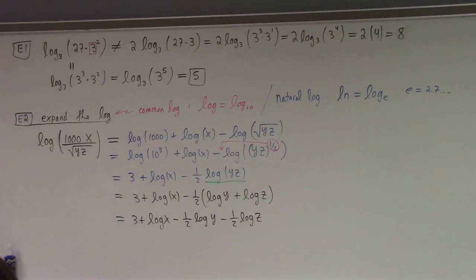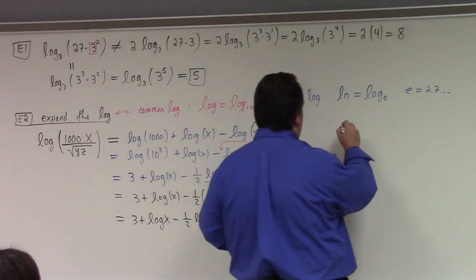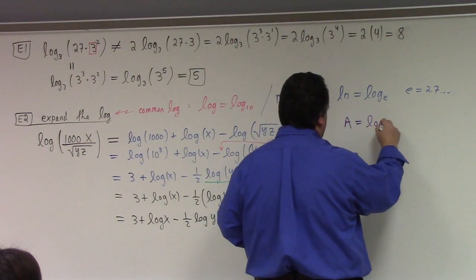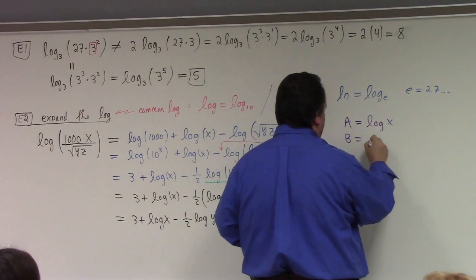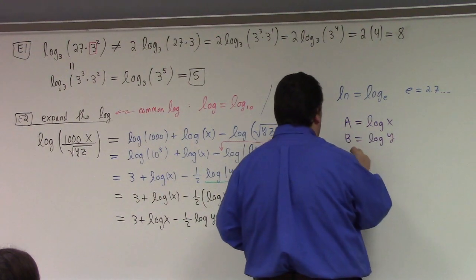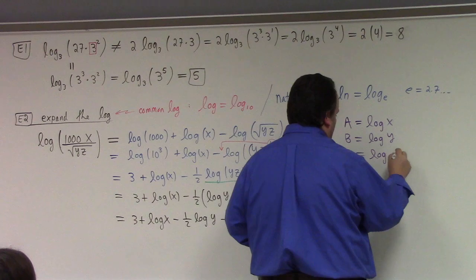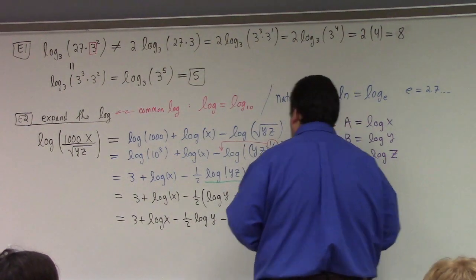Now there's a problem in your homework that's kind of like this, problem 87. But problem 87 also has a little bit extra. It says for you to write your answers in terms of A, B, and C. And in that problem, it tells you to think of A as being the log of x. Now it may not be exactly this, but it's something like this. It may be natural log in the homework problem, I don't remember for sure.